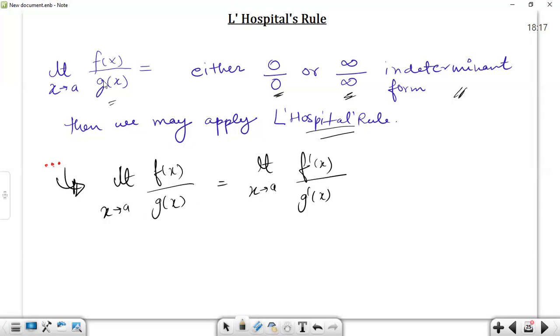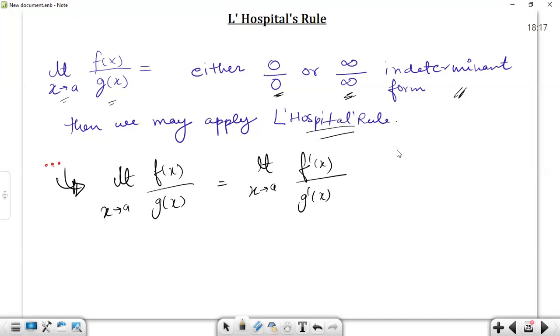Whenever we are solving a function having a numerator and denominator, and we substitute the value x equals a, and it equates to 0 by 0 or infinity by infinity, then we can apply L'Hospital rule, which says that we can differentiate the numerator separately and divide it by the derivative of the denominator, and this limit will be equal.